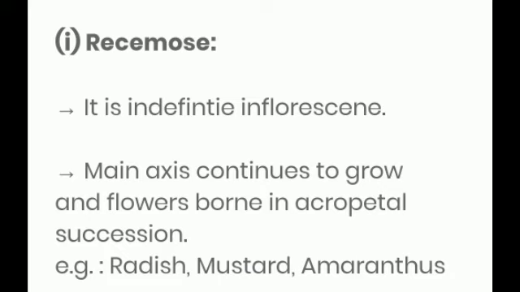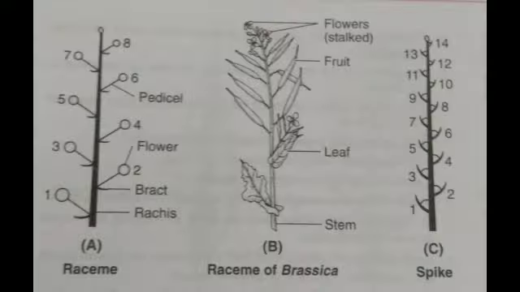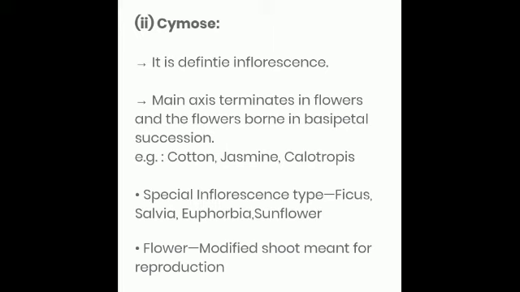A few other modifications are also there, like elongated axis with sessile flowers, for example grasses; in some, spikes with fleshy axis containing both male and female flowers; and some are spikelets, which is a unit of spike enclosing 3 to 5 flowers. These spikelets are arranged in the manner of spikes. So there are different modifications in racemose.